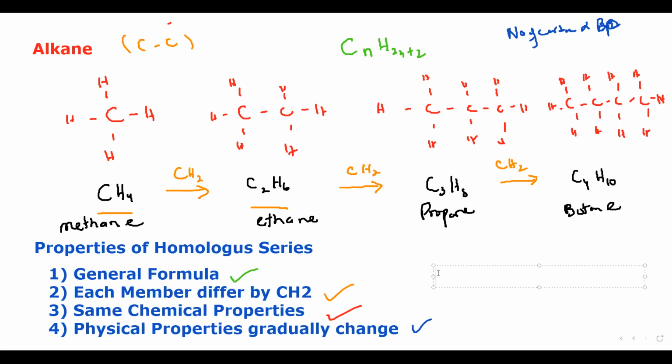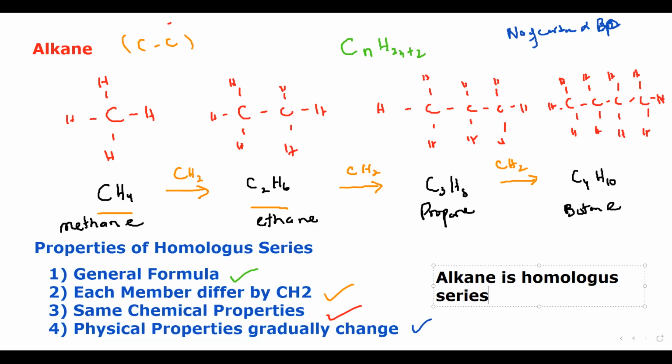So we say alkane is a homologous series. For a group or a family to be homologous, like alkane, which is one family of hydrocarbons having a single bond, it should follow these characteristics.